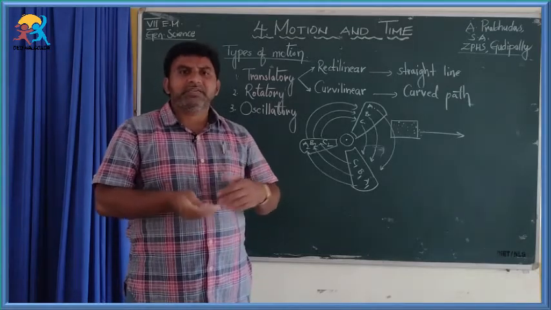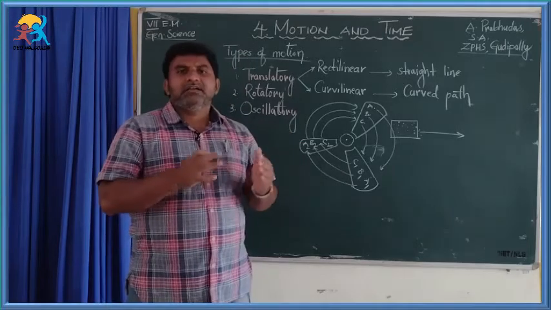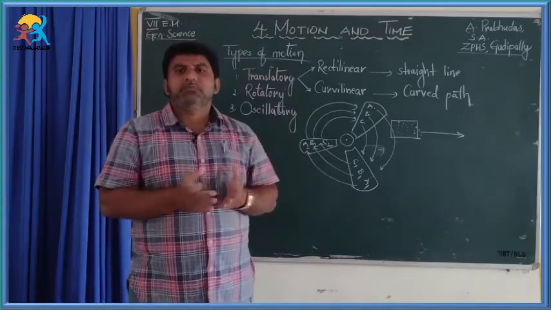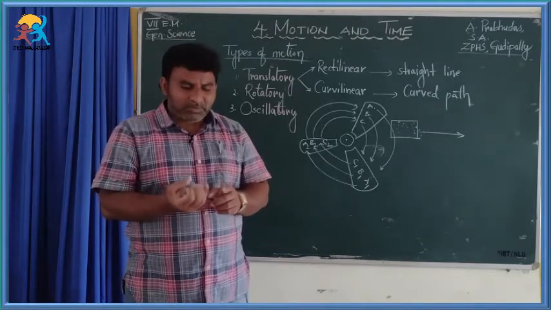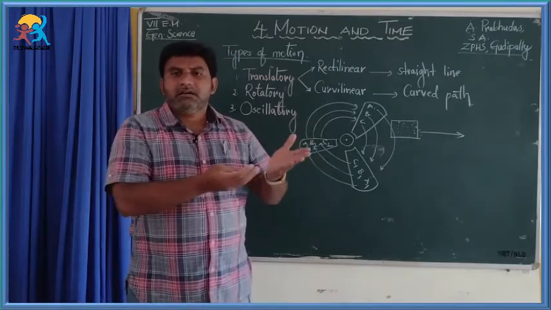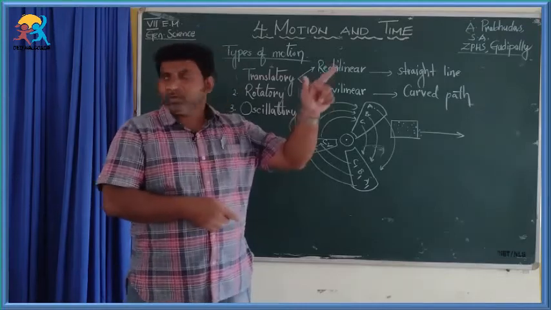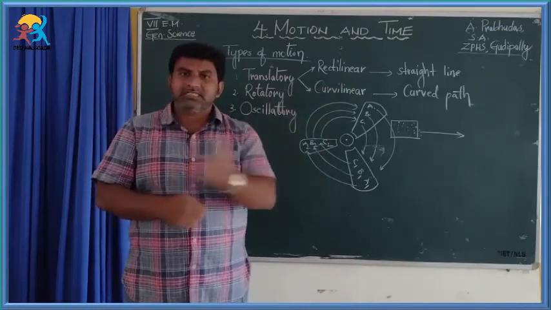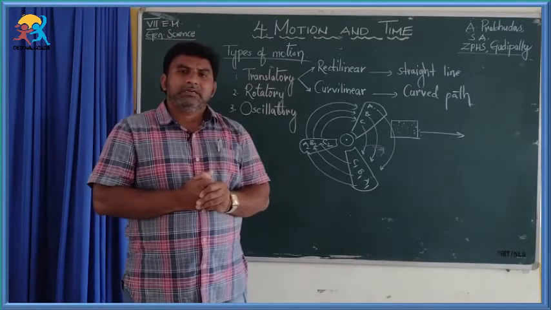In our daily lives, we can see many objects showing oscillatory motion. So, I am giving you some examples. A girl swinging in a swing, she moves from left to right, again goes to right. So, such type of motion is oscillatory motion.